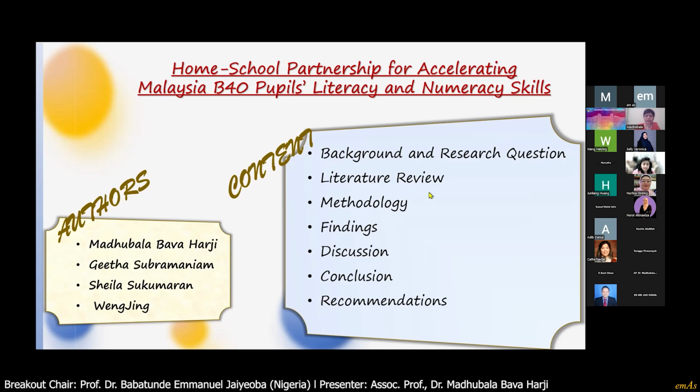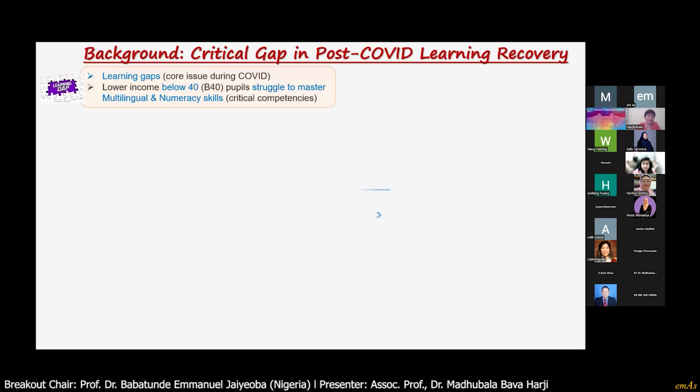Background of study: we started looking at learning gaps. This was more evident during COVID, not only in Malaysia. It has been researched, talked about, debated, and looked at by many at the academic level, university level, and by researchers.